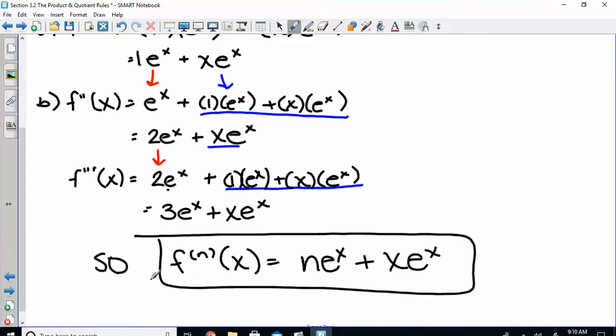Perfect. Basically, we just add another e to the x in each time. Alright, so far so good?